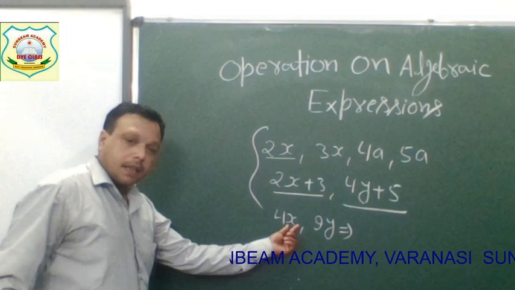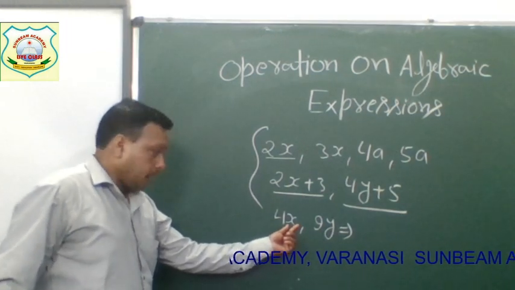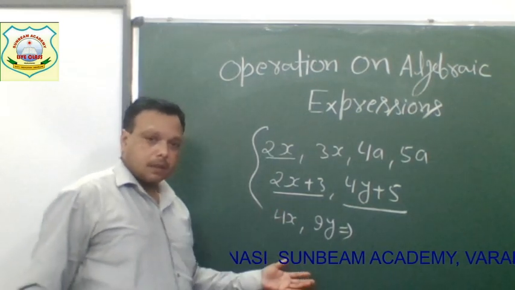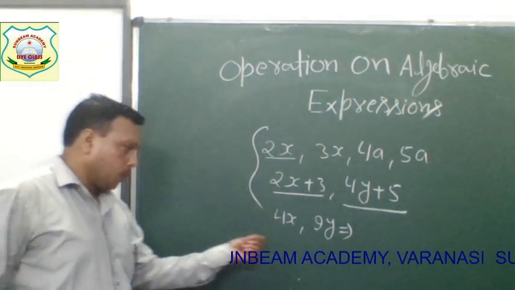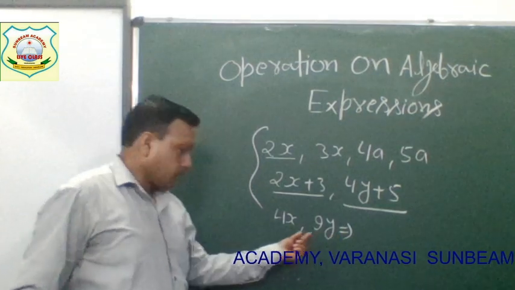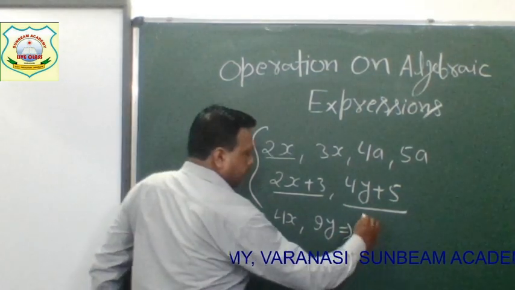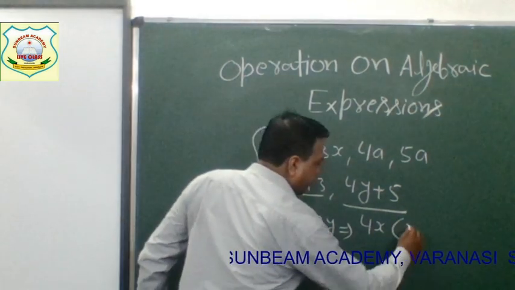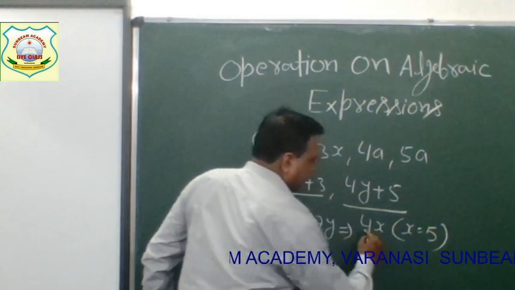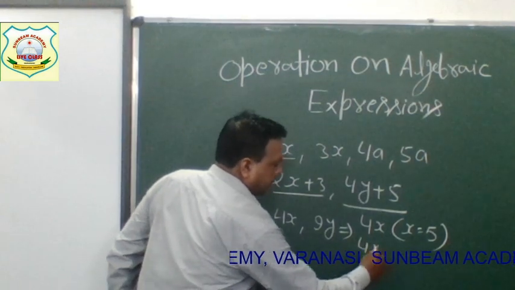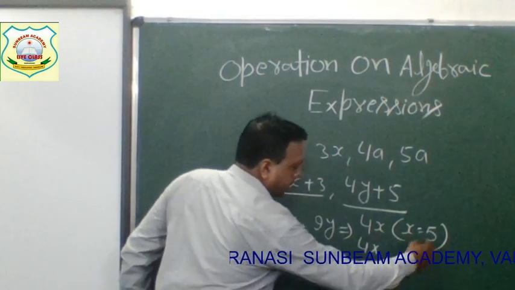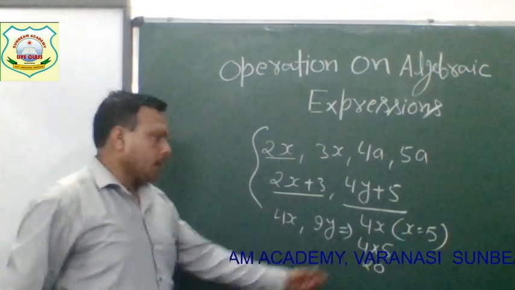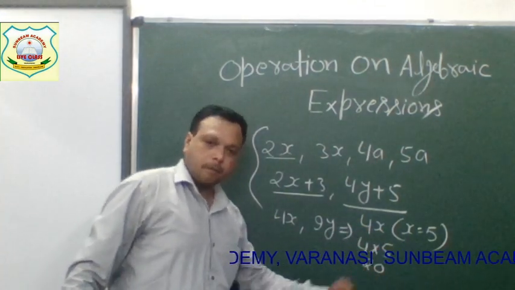Because the variable value is not fixed; we can change it anytime. Suppose we know the value of x is 5. Now in 4x, 4 multiplied by the value of x, 5, what do we get? 20.